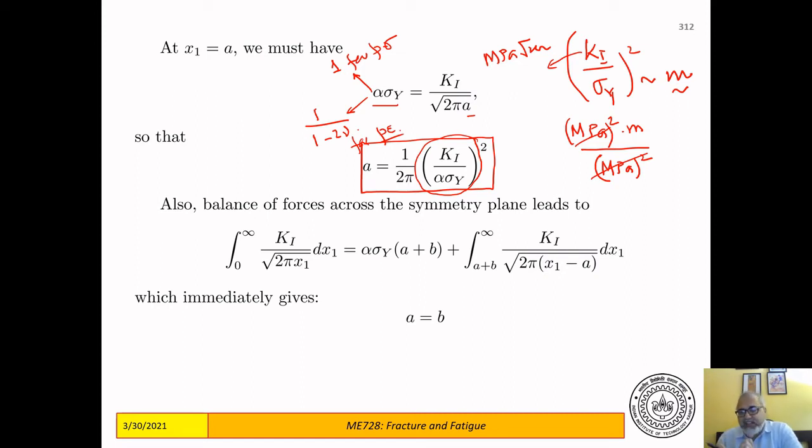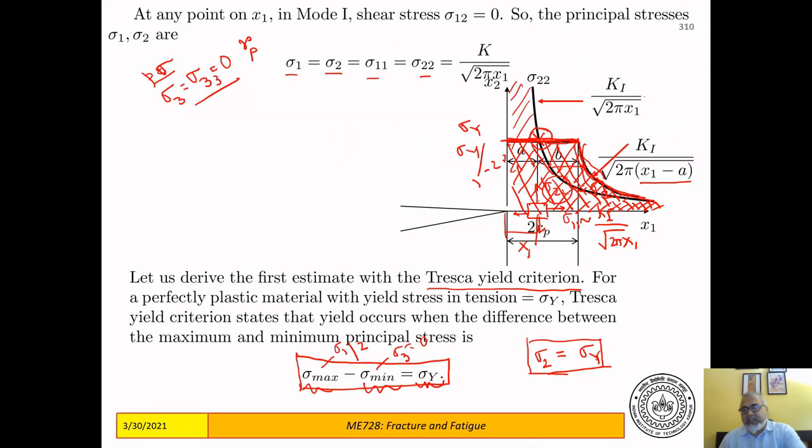Remember, small scale yielding is very important, because only in small scale yielding will you have the situation that this curve at the end of the plastic zone is just a shifted form of the linear elastic stress variation. So this will be possible only in the small scale yielding situation.